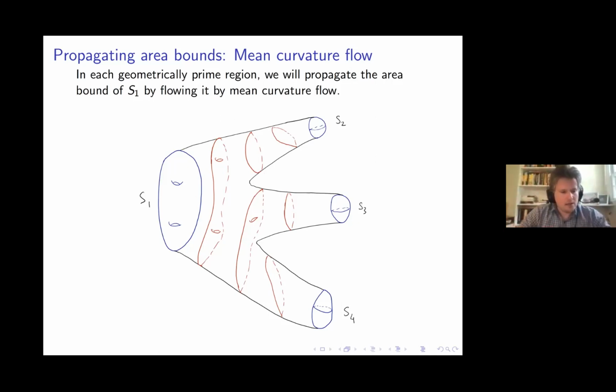Okay. The other thing about mean curvature flow with mean convexity, which is crucial for us, is that, well, in general, mean curvature flow can behave very widely, in terms of you can have singularities happening.